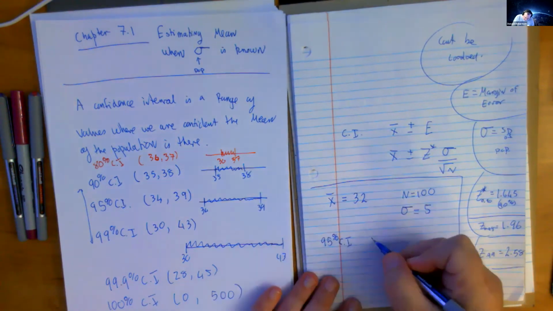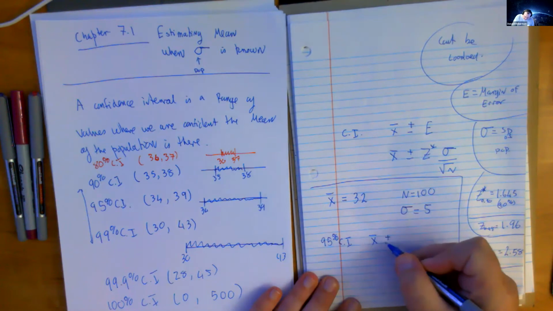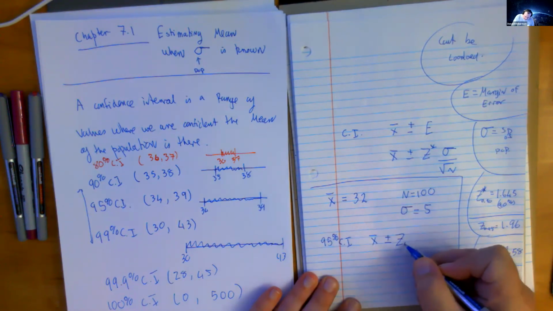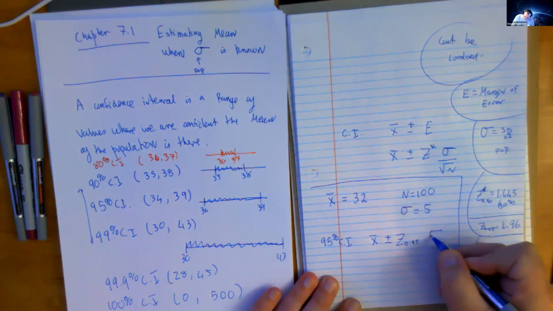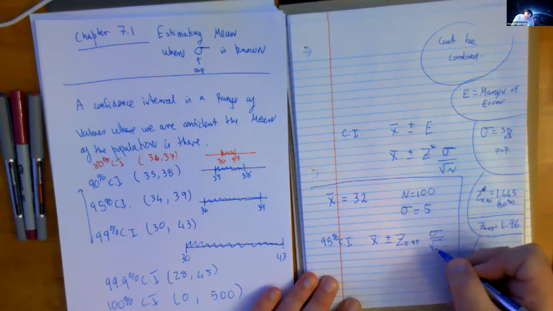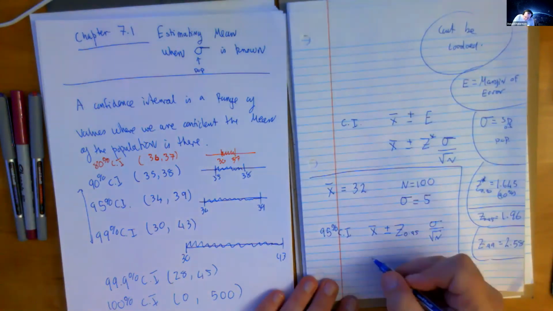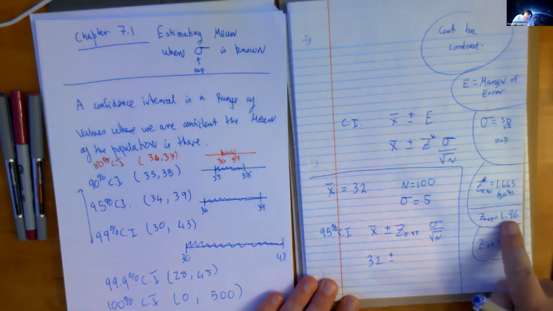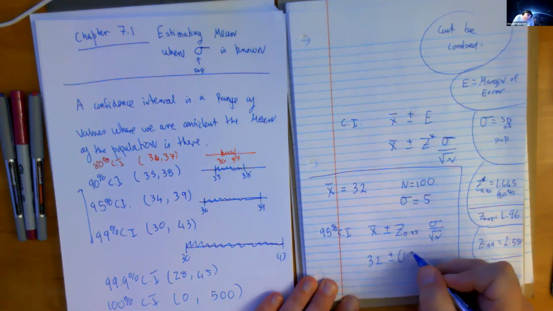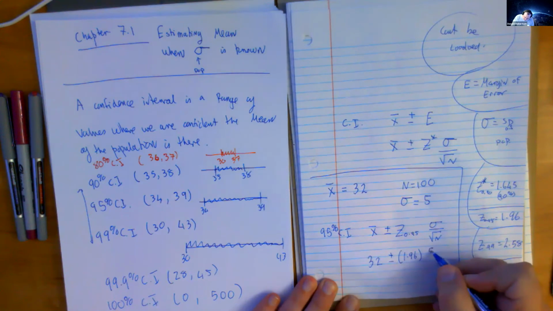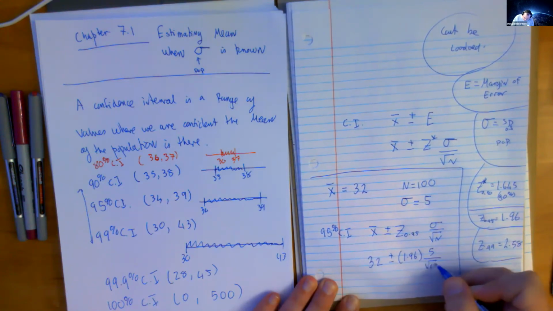So it's X bar plus or minus the magic number sigma over that guy. Now, the mean is 32, plus or minus 1.96, times 5, divided by the square root of 100.